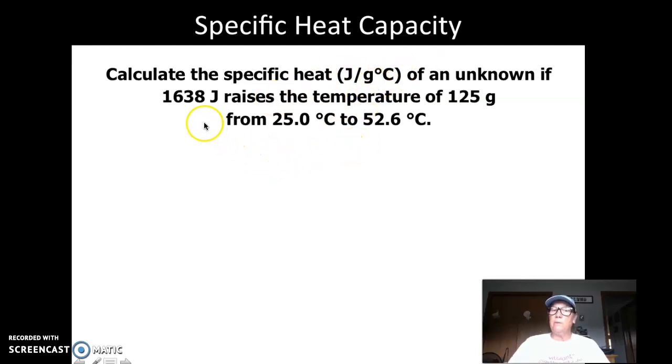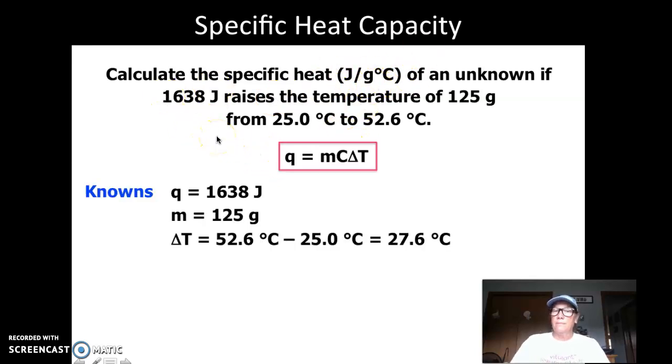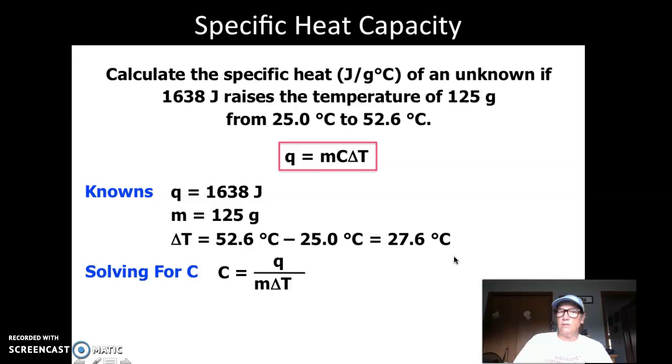So if we manipulate the formula, all we have to do is start with our heat lost or gained, divide by the mass, and divide by the change in temperature. We've got the heat that we gained, we know the mass of our unknown substance, and we subtracted these two numbers to get our change in temperature. So that's how you solve for it.